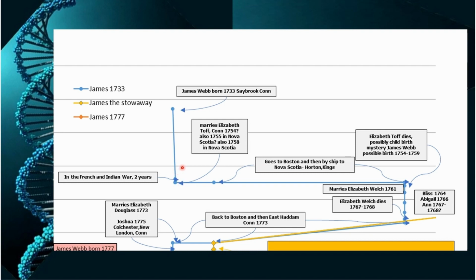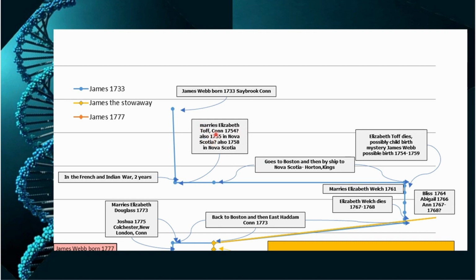And there's also another one in 1755. One was Connecticut, one was Nova Scotia, and then later 1758 Nova Scotia. So we have the same Elizabeth Toff with 3 marriage dates to James Webb. The other information about it is so bad that it's not even there for anybody to bother anymore, but it used to be there a long time ago.